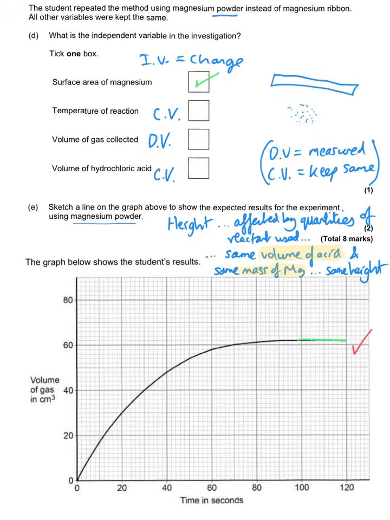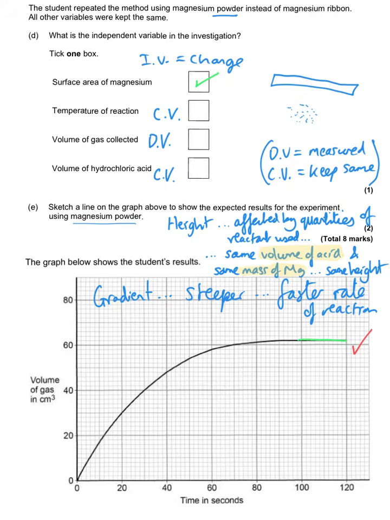And then the next thing that we need to consider is the gradient of our line. The steeper the gradient, the faster the rate of the reaction. And in this case, because we're using a powder, we would expect it to be a faster rate of reaction because we've got that higher surface area.